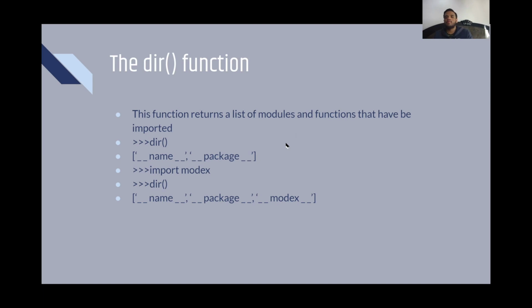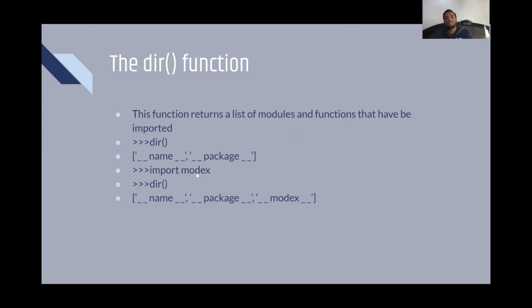But what if we want to add something else to that list? We import it. So let's say we want to import modux. When we were finding the cube of each of the numbers, like 6 cubed, 3 cubed, what we used was the modux module. So we simply say import modux.